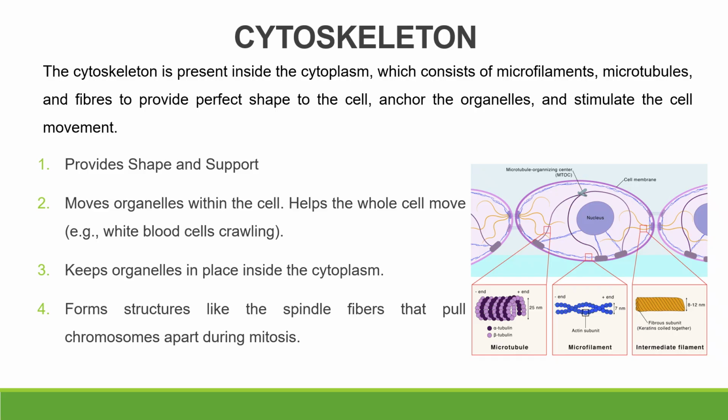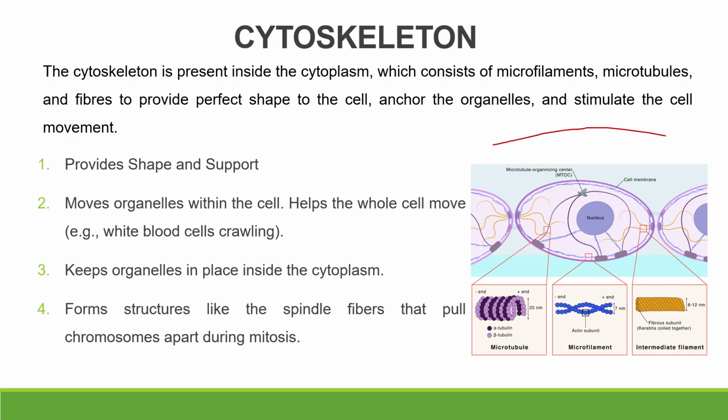For example, white blood cells can crawl using this system. Third, it holds organelles in place, keeping everything properly organized, and it plays an important role during cell division, forming spindle fibers that separate the chromosomes.